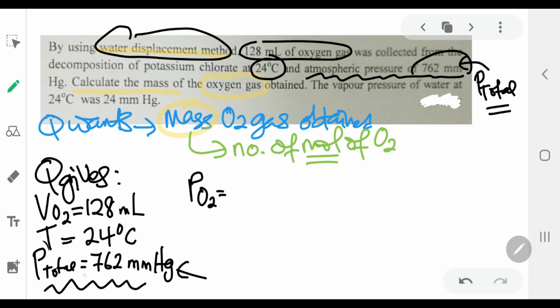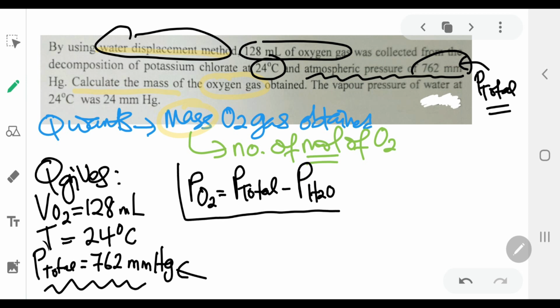So when you have P total right over here, this P total is the combination between the partial pressure of oxygen gas and also H2O. So the partial pressure of O2 is going to be P total minus partial pressure of the water vapor. So you have to remember this. Always remember this for water displacement.